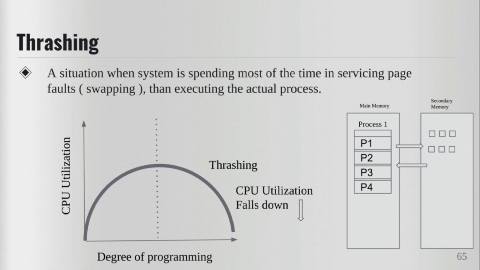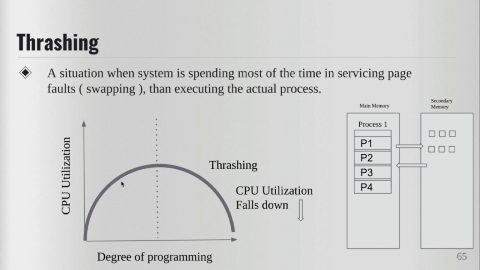The CPU should have as many processes as possible so that the degree of multiprogramming is high and our CPU is utilized fully and not sitting idle, right? So if you look at the graph, this is the utilization and this is the degree of multiprogramming, which means when the number of processes in the CPU increases, the CPU utilization increases.